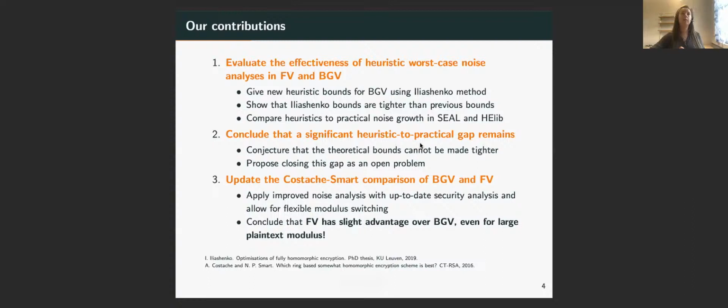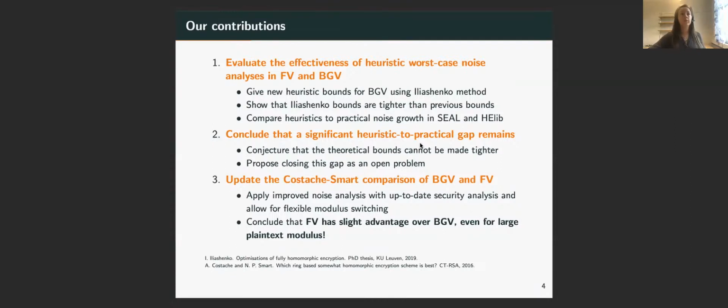The first one is to evaluate the effectiveness of heuristic worst case noise analysis in the schemes FV and BGV. And we use the Ilyashenko method and we give new heuristic bounds for BGV. And we show that these Ilyashenko bounds are tighter than previous bounds that were in the literature.